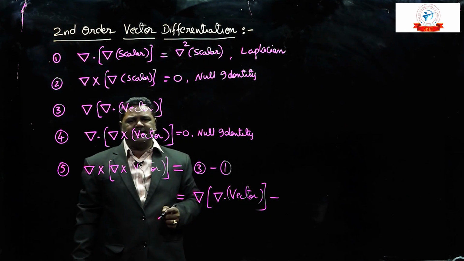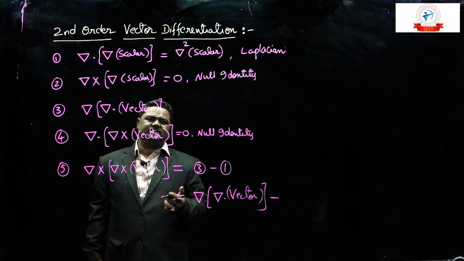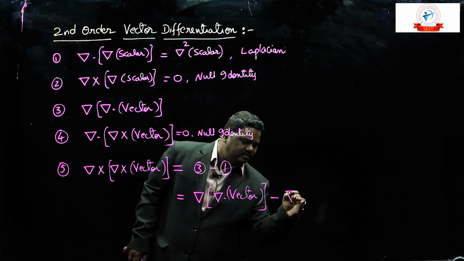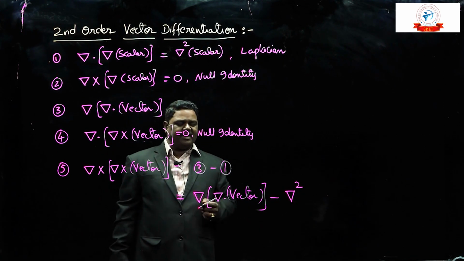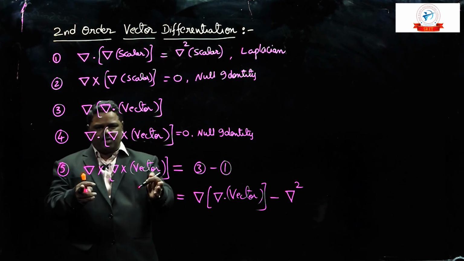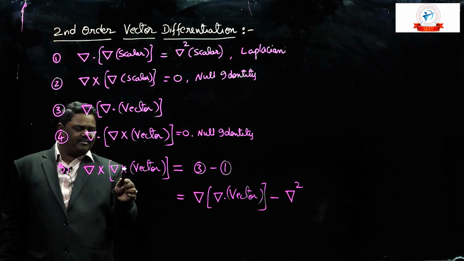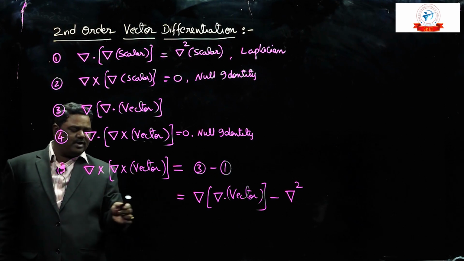You know that the Laplacian operation can be applicable on both vectors and also on scalars. You just tell me, here I should apply Laplacian in the second term on the right side. It should be on vectors or scalars? That depends upon what the left side quantity is. Whenever you have a curl of a vector, the cross product will result in a vector. Again there is a cross product, again this cross product will also result in a vector. So the left side quantity is a vector.